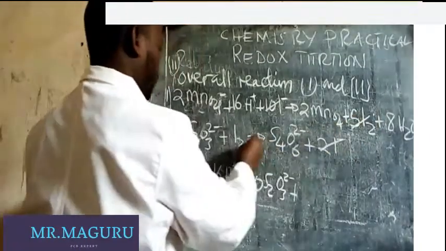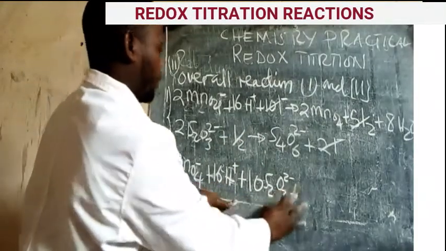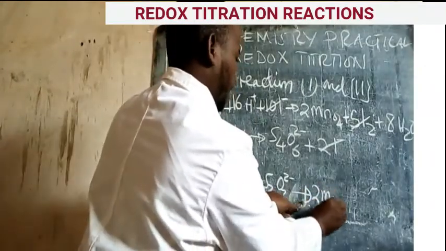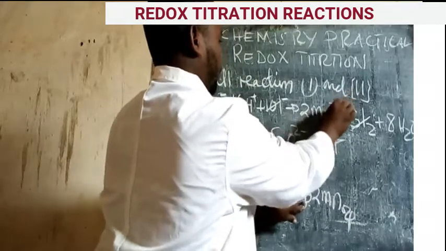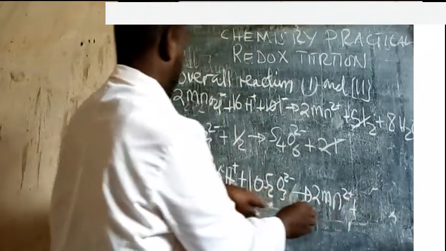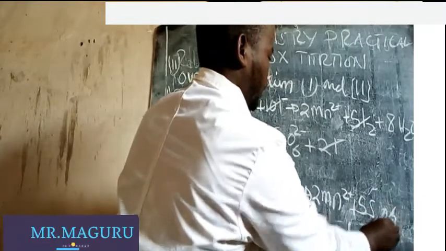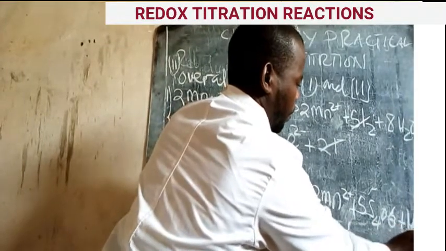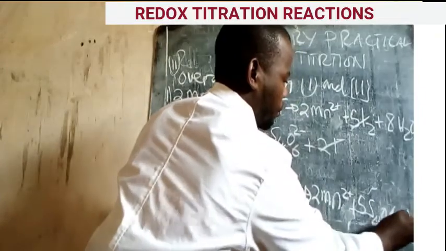So this and this one also will cancel. So we take this one, the product will be 2 Mn, will be 2 here, will be 2, plus 5, 6, plus water. Water 8.